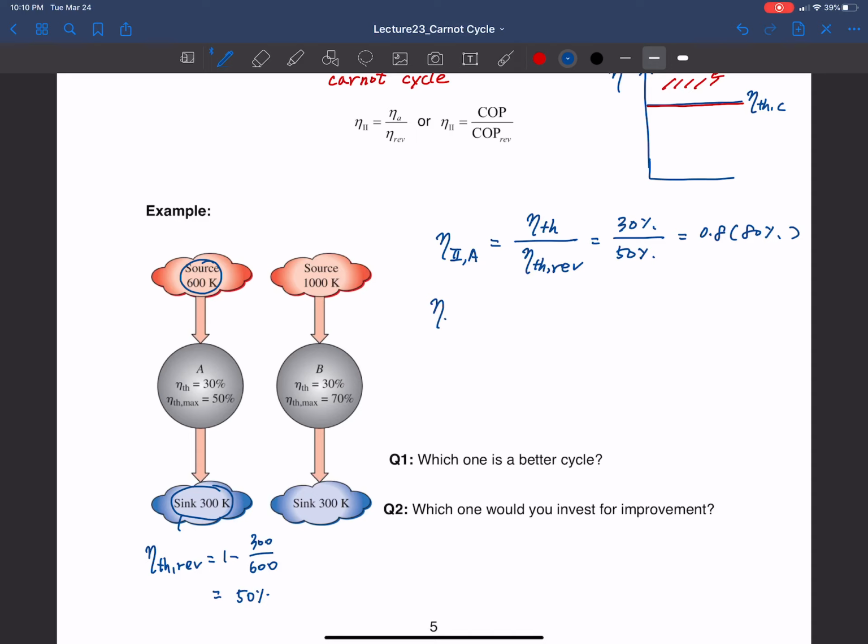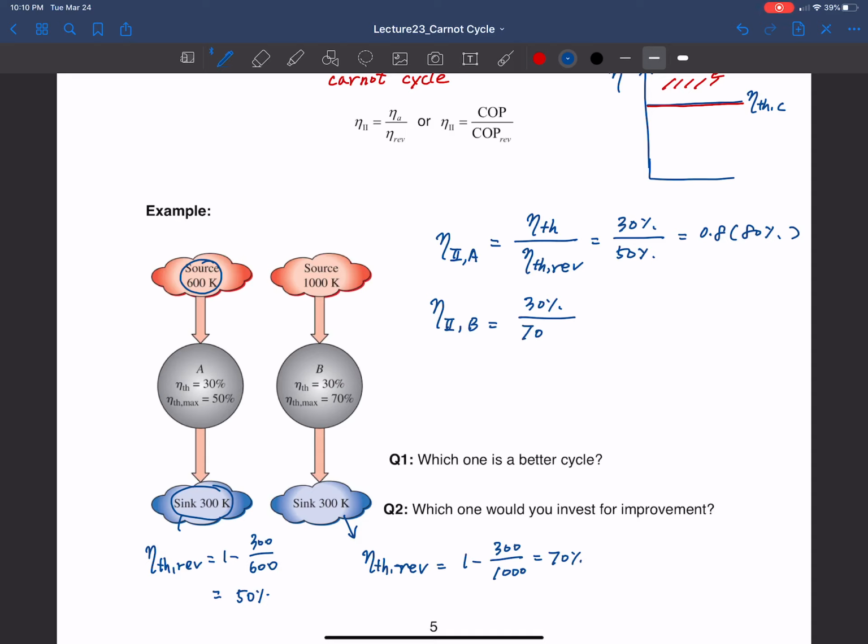Now how about the second law efficiency for engine B? We have 30%, okay? And from the given heat source and sink temperatures, the Carnot efficiency of engine B gives us 1 minus 300 over 1000, that is 0.7, or 70%.